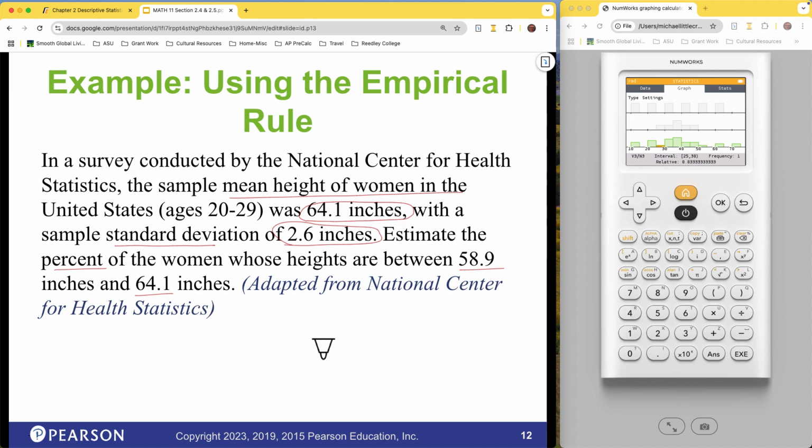So one of the ways we can do this is we could just draw our chart. Let's label the mean 64.1. Having the standard deviation, we can go above and below. Let's look at what they want. They want from 58.9 to 64.1. Well, where's 58.9? Here's 64. 58 is going to be somewhere below that.